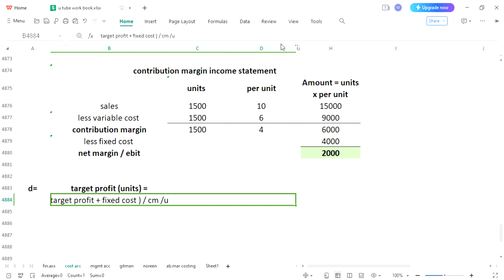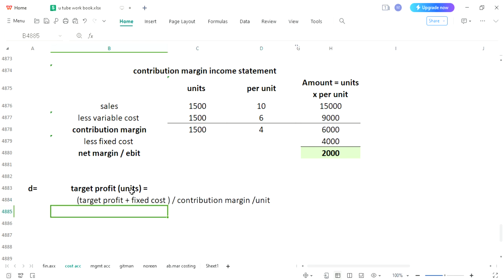An abbreviation was used. Instead of this, we can write the full form so that you remember what it was. Contribution margin per unit would be used to calculate. This is the formula to calculate the number of units.